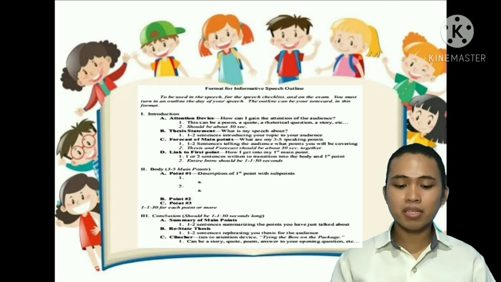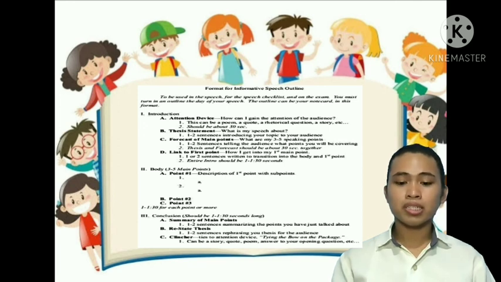And in the body, it has point number 1, point 2, and so on. In the conclusion, it has a summary of your points, restate your thesis, and clincher. The clincher ties back to the attention device.